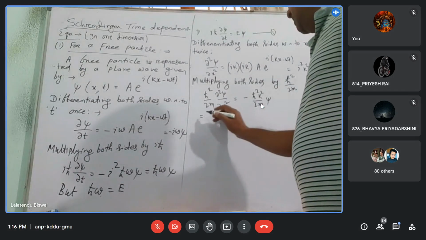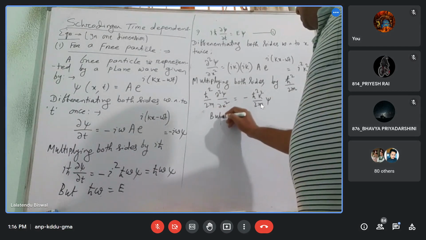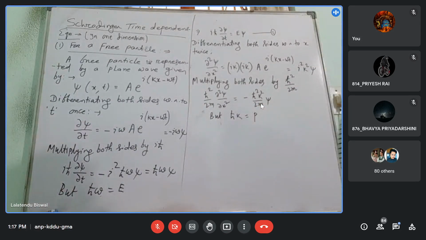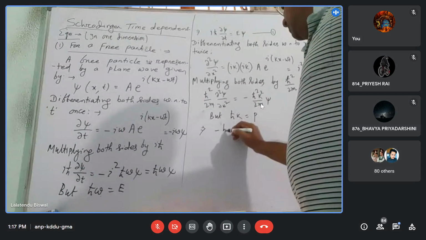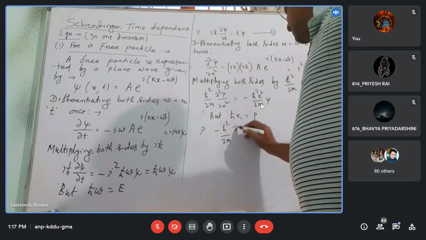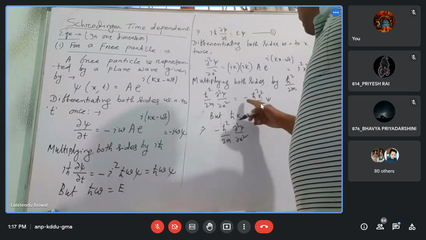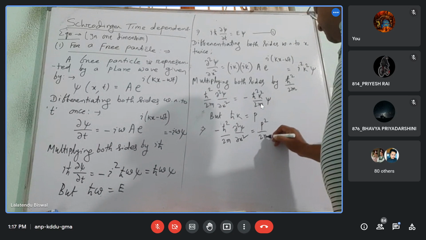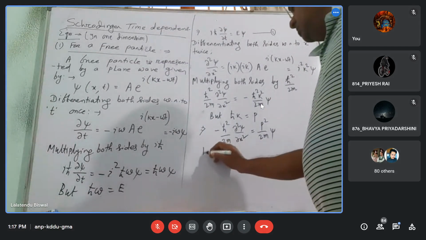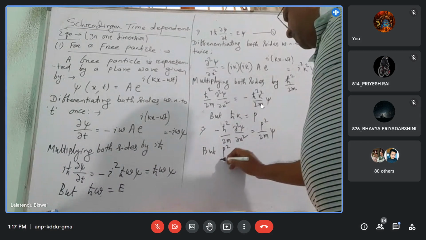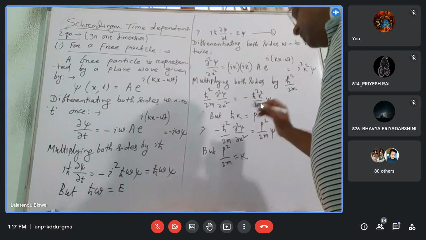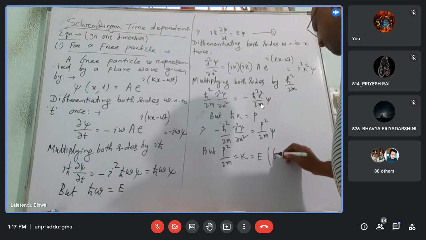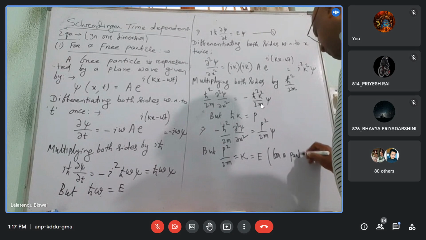So this can be written as, you see, h cross k for de Broglie is equal to p, that you know. So you can write minus h cross square by 2m del square psi by del x square, I brought the minus here, and this becomes p square by 2m into psi. But you know p square by 2m is equal to kinetic energy in the non-relativistic limit, which is equal to total energy also for a free particle, because a free particle does not have potential energy.